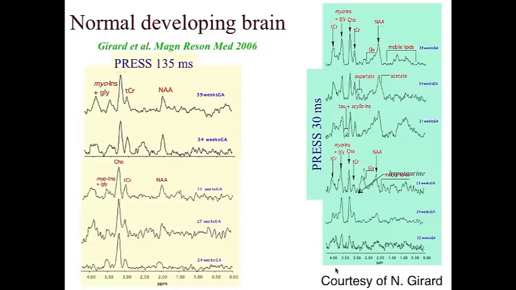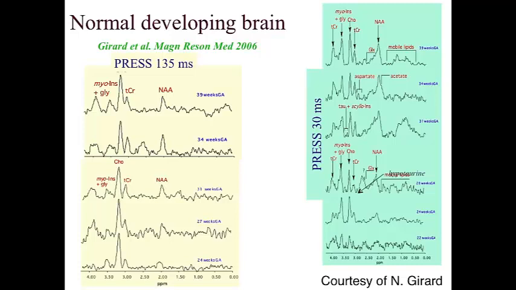And really, the work of Nadine Girard has advanced our understanding of MR spectroscopy in the developing brain, and this is just a slide from her paper in 2006, showing that we can actually look at spectroscopy in the fetal brain even as early as 24 weeks gestation, and throughout gestation we can see a relative change, primarily characterized by an increase in NAA and a relative decrease in choline and myoinositol, as reflective, again, of another measure of normal brain maturation that can be detected in utero.